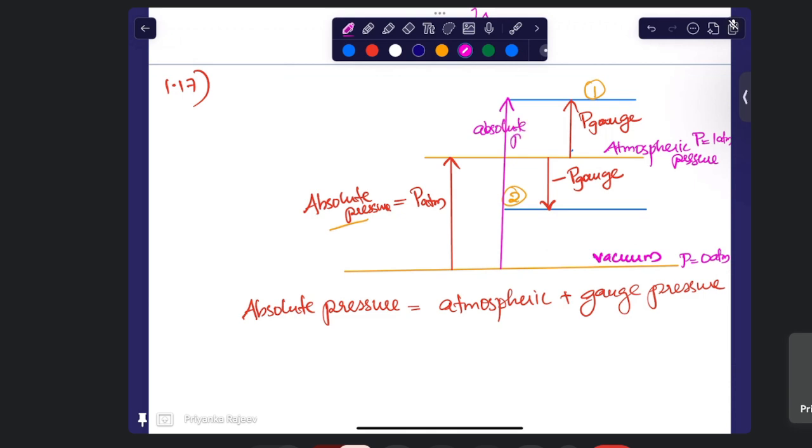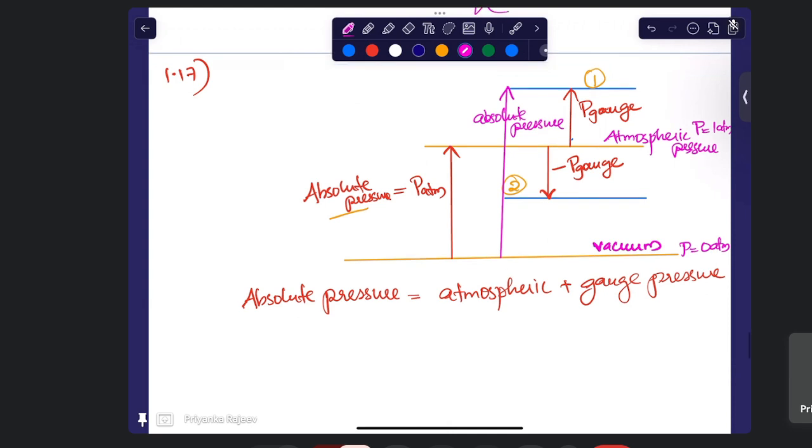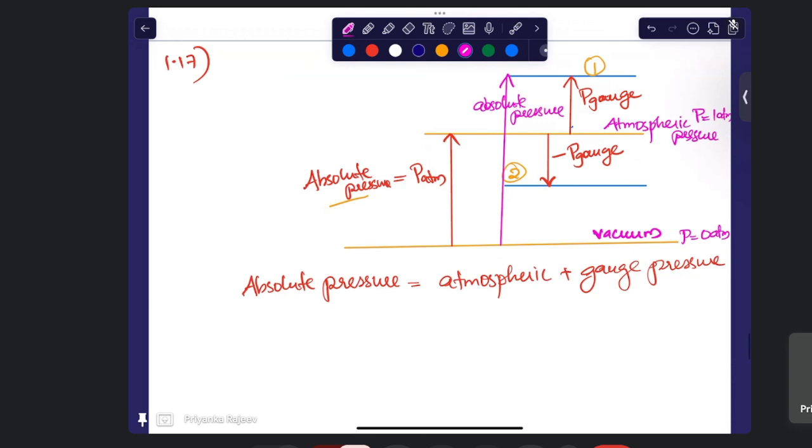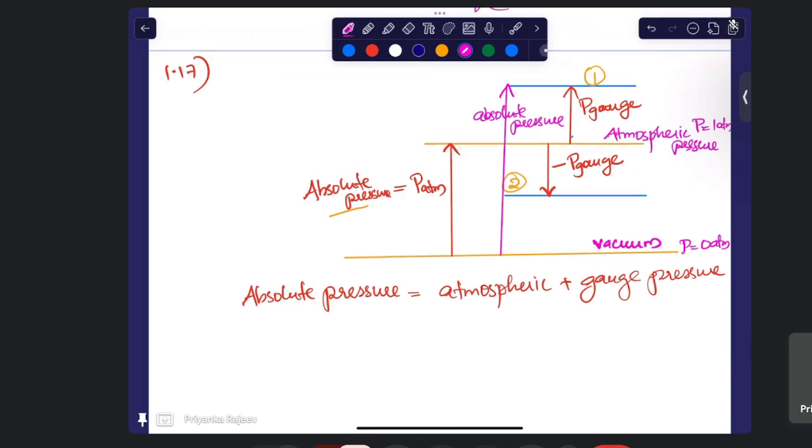This is absolute pressure. Absolute pressure means what? With respect to vacuum, you are calculating. So absolute pressure is here. This is atmospheric pressure. Okay, I will just remove this one so that it is not confusing.